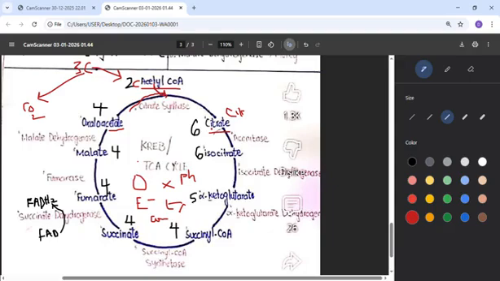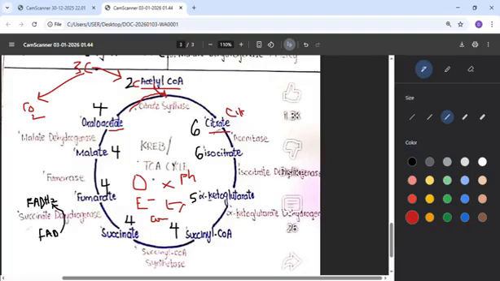So just take note of what will be produced: from citrate to isocitrate to alpha-ketoglutarate to succinyl coenzyme A to succinate to fumarate to malate to oxaloacetate. So that's how it will be happening. And take note, when succinate is changing to fumarate, there will be addition of hydrogen, turning flavin adenine dinucleotide, FAD, to FADH2.